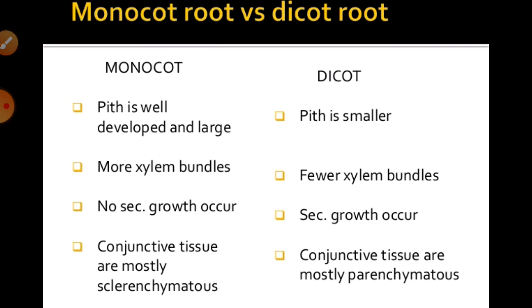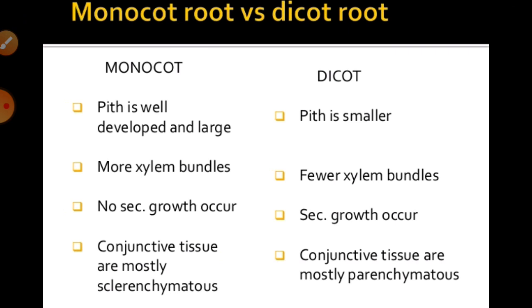In monocot root, the pith is well developed and large, but in the dicot it is smaller, right? If we talk about xylem bundles, there are few xylem bundles in dicot and more xylem bundles in monocot.